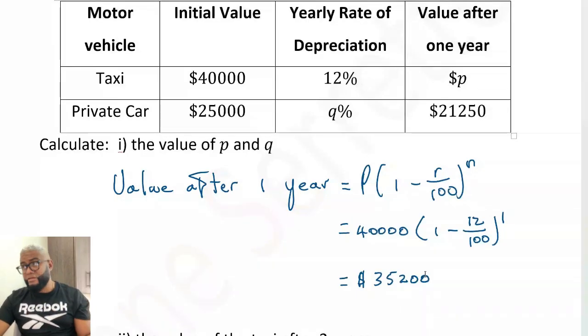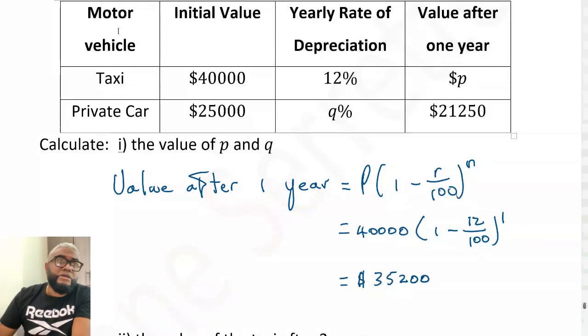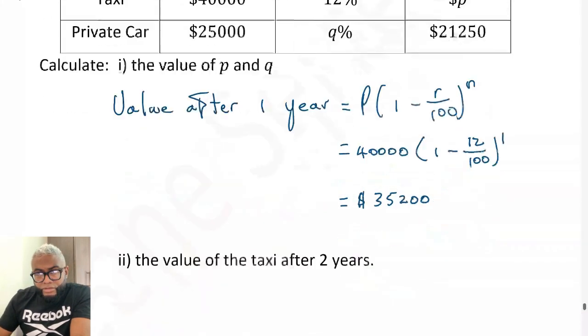We're not going to get the depreciation, because the other way would be to work out the depreciation and then minus it. So when I find 12% of 40,000, that's 4,800, and 40,000 minus 4,800 will give you 35,200. Cool? Right, let's roll.